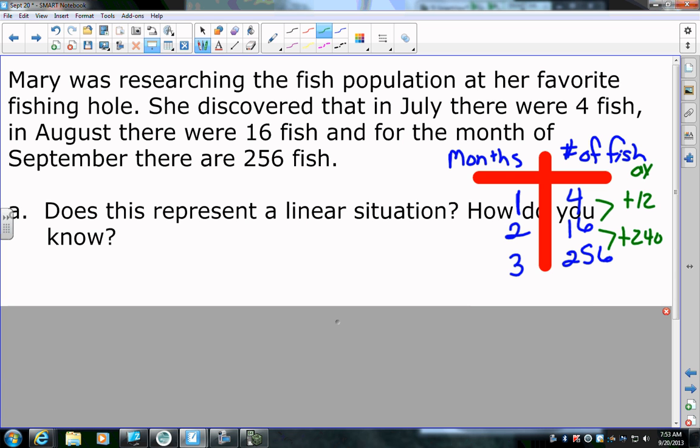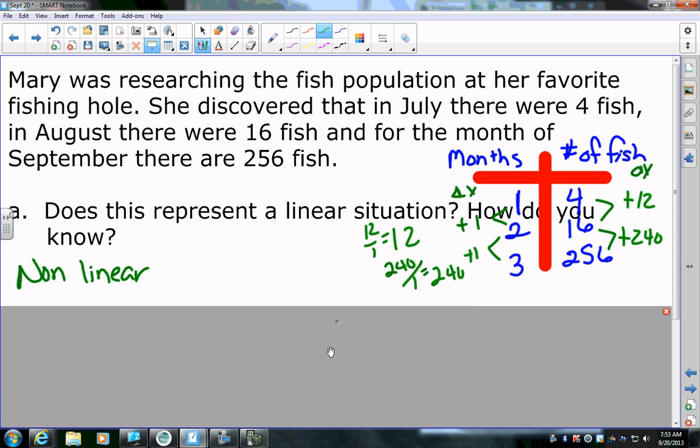Delta Y over delta X, what am I going up by? 1s. I have 12 over 1 is 12. 240 over 1 is 240. Are they the same? No, this is nonlinear. The way we know is because delta Y over delta X is not the same.